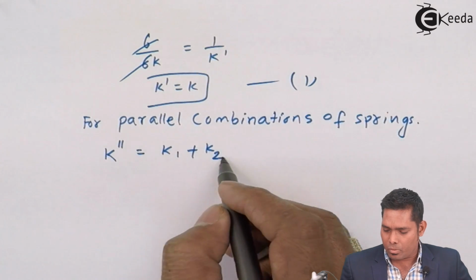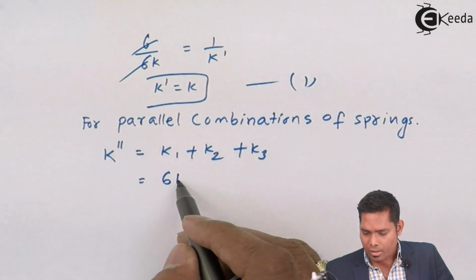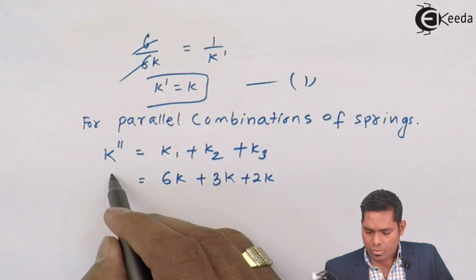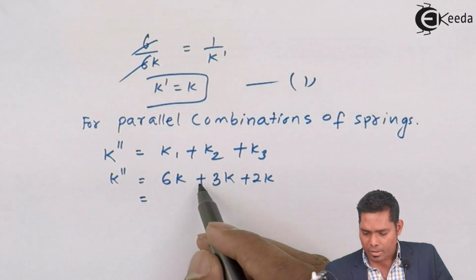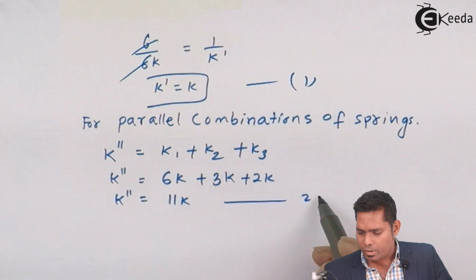Just add them together algebraically. This is 6K, this is 3K, this is 2K. So K double prime is 11K. This is equation number 2.